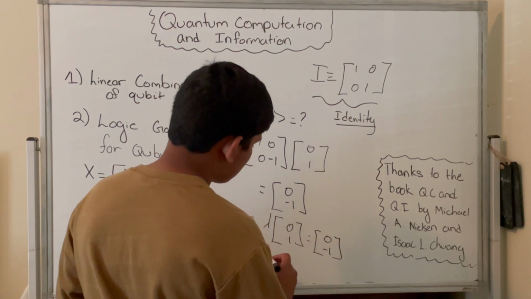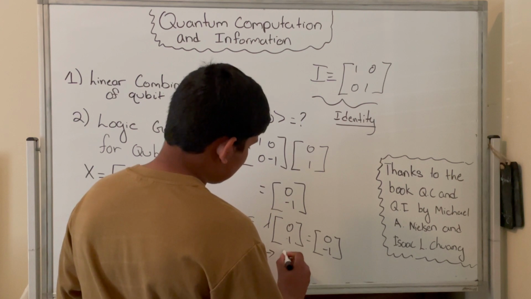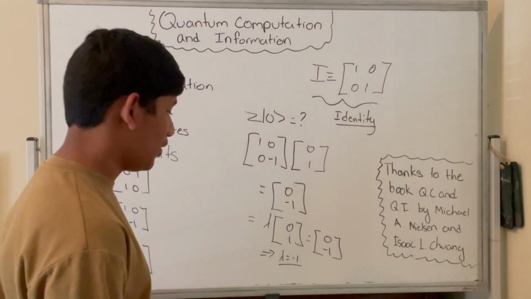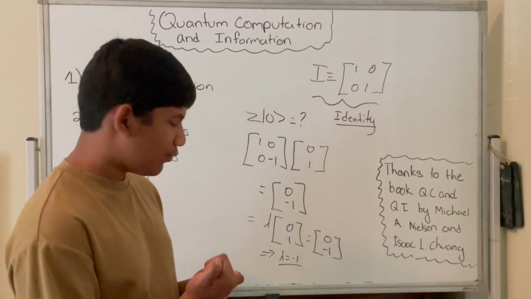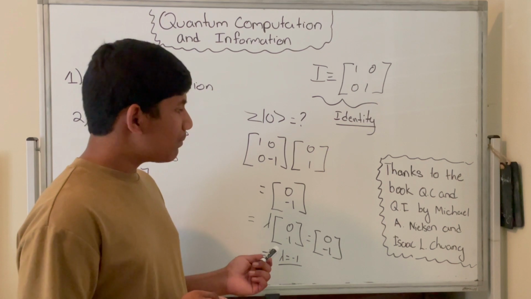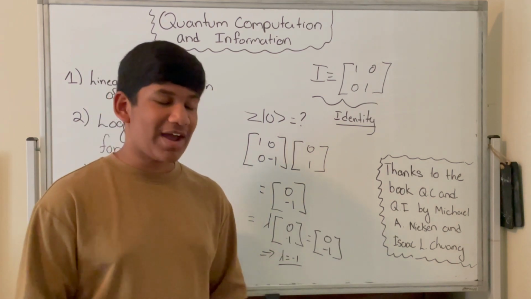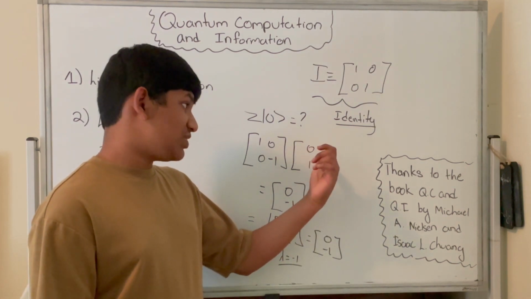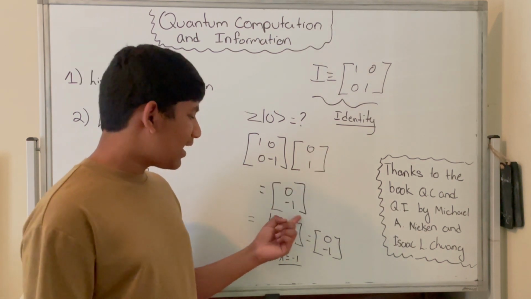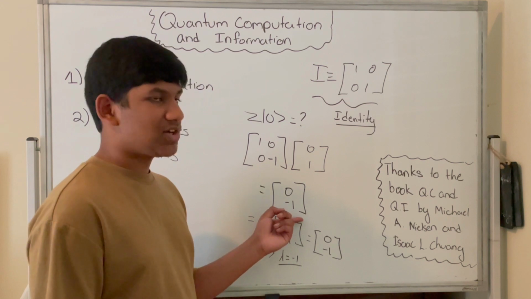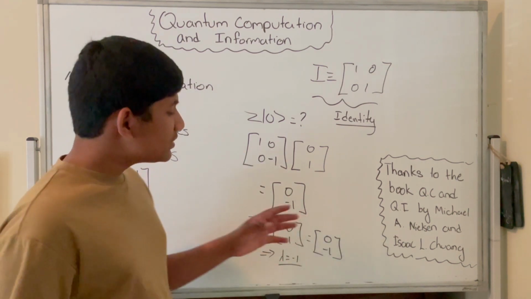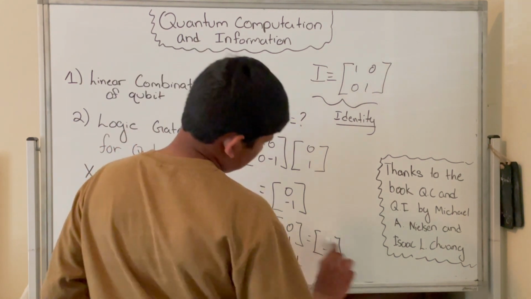We can deduce that lambda must be negative 1, because negative 1 times 0 is 0, and negative 1 times 1 is negative 1. Hence, the scalar is just negative 1. So when we take the 1 vector and apply the Z gate, we get the negative 1 vector. But when we apply it to 0, we just get the same thing, a positive 0. So this gate is kind of a unique gate.